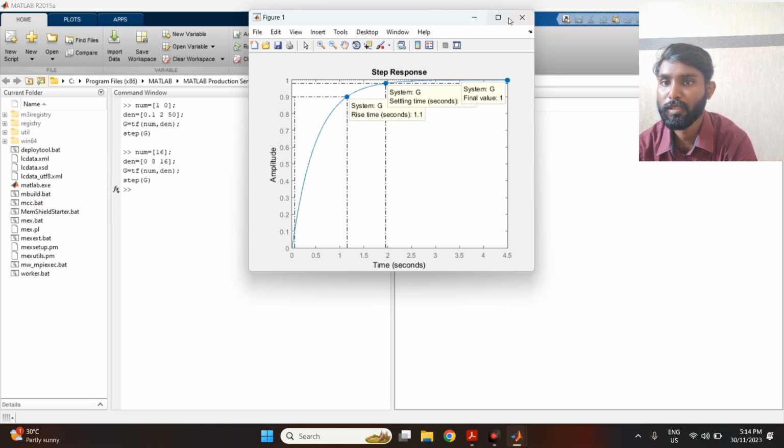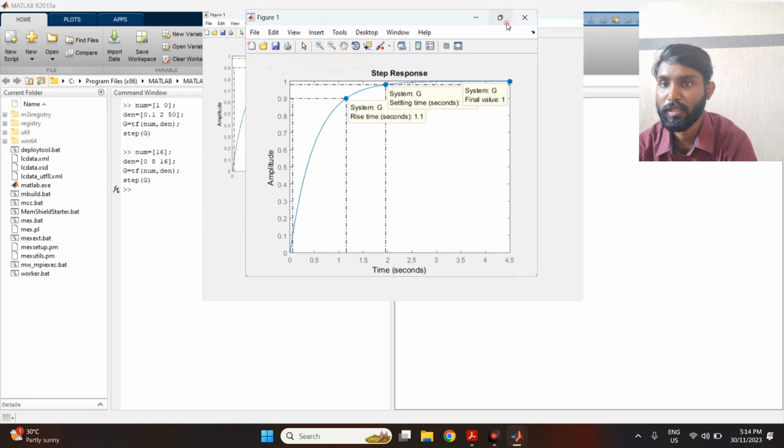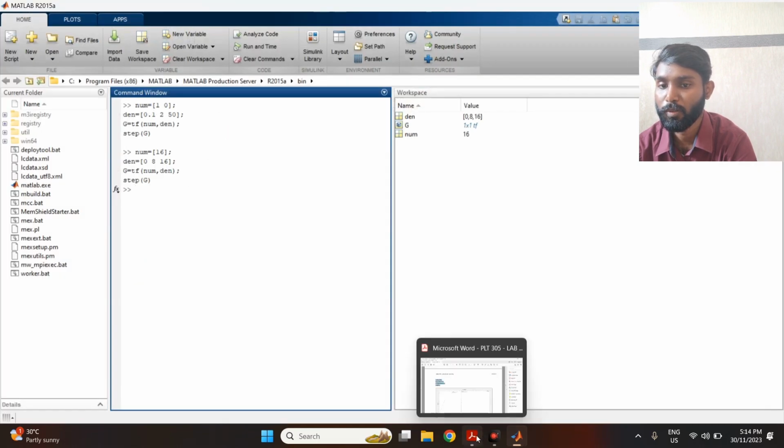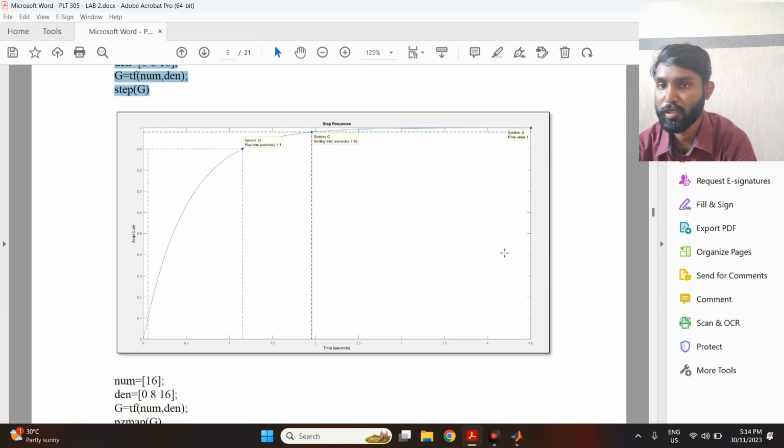For this, the system's rise time is 1.1 seconds, the settling time is 1.96, and the final value is 1. So this is the step response for this question.